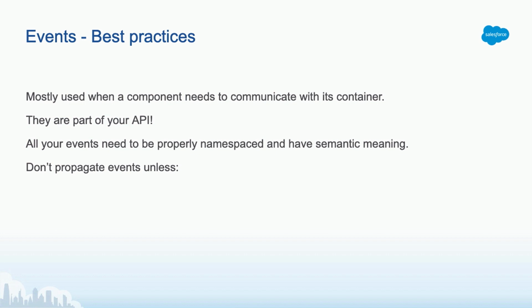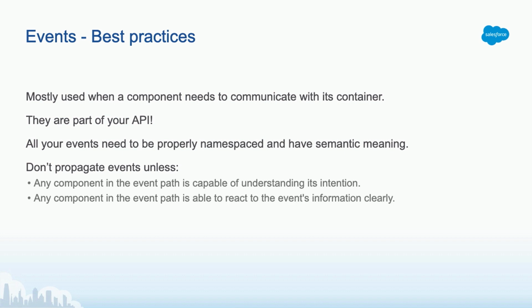Don't propagate events unless you know what you're doing. When you bubble an event up past your component, you want to make sure that anything on the template that is consuming you is able to understand that event, and the same with the information being passed to you with the event.